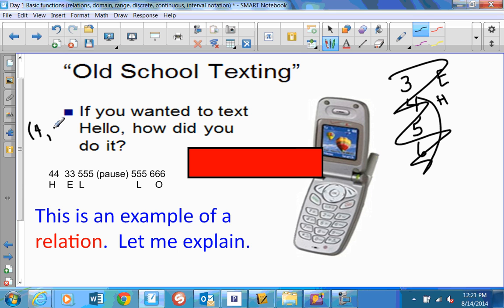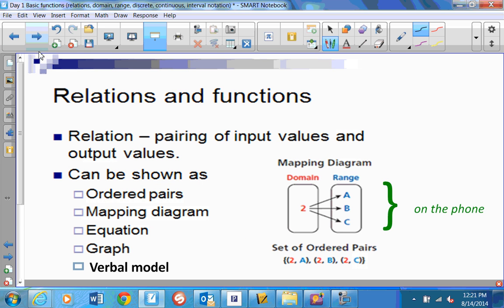G, H, I. So you could get a G, or an H, or an I. This is an example of a relation, because the input was a 4, but you had 3 different outputs you could get with that 4. So old time texting was an example of a relation.